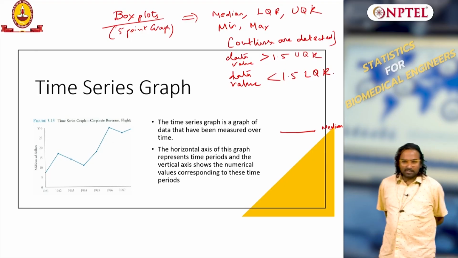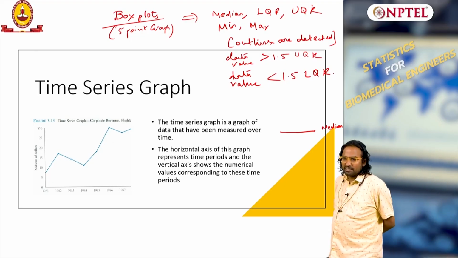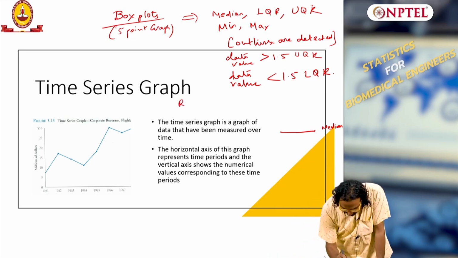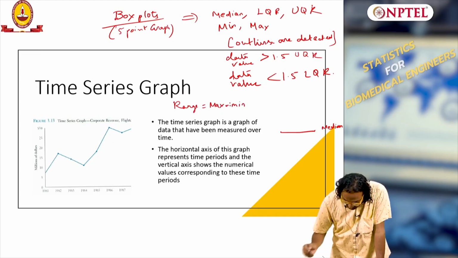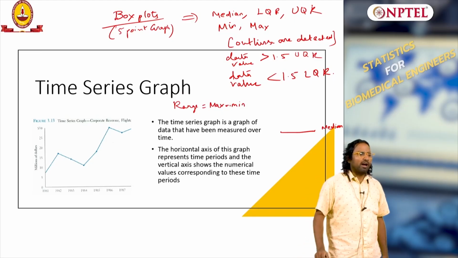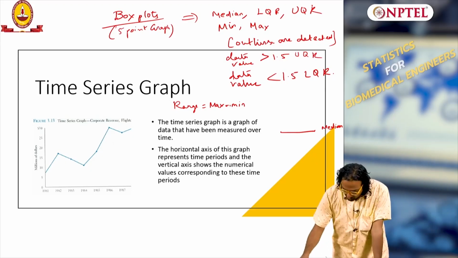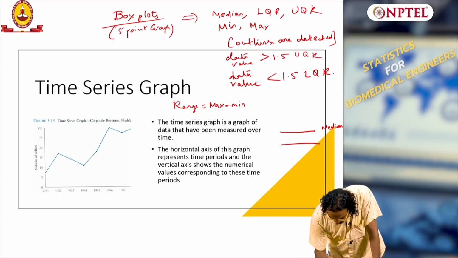So 0 to 100% is the whole range, right. You know what a range is? Range is the max minus min. Okay, so now you have 25%, that is nothing but your lower quartile range.